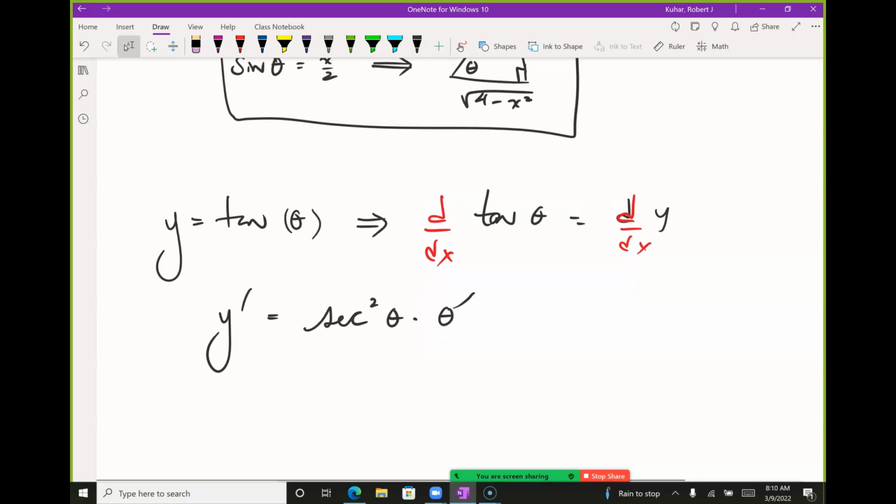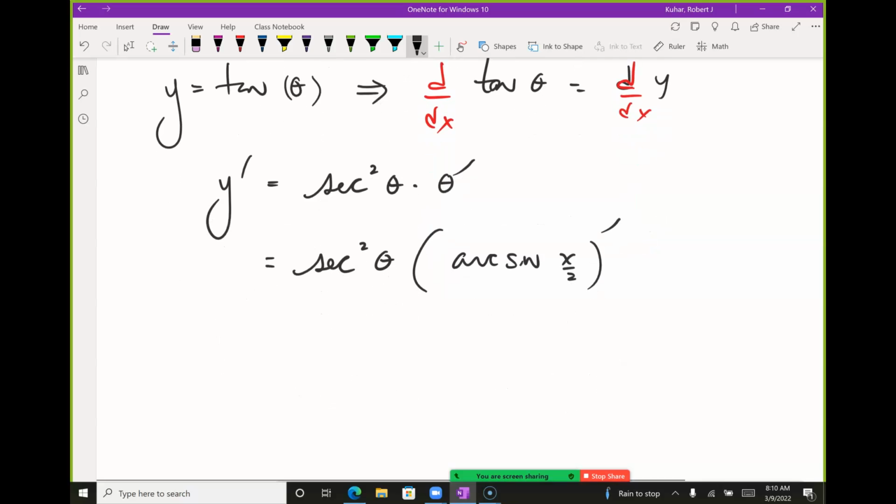Nice. But theta prime, right, is the derivative of arcsine of x over 2. And for that one, I have a formula on my formula sheet, right? Everybody's got their formula sheet done or close to done? Yes?